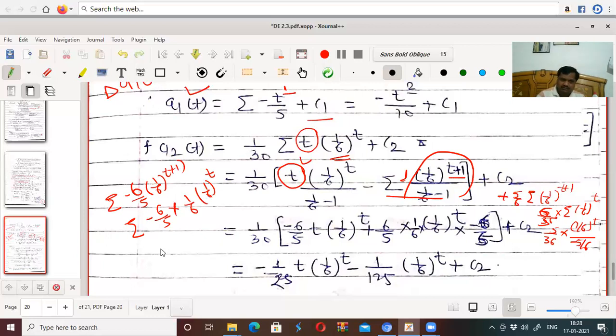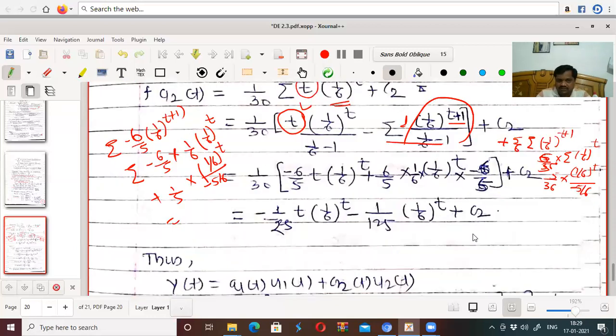So it is 1 by 5. Okay, minus minus plus 1 upon 5 into, again you will get 1 by 6 to the power t upon minus 5 by 6. So this gives something 6 upon 25. So this one is there. Okay, plus arbitrary constant c2.